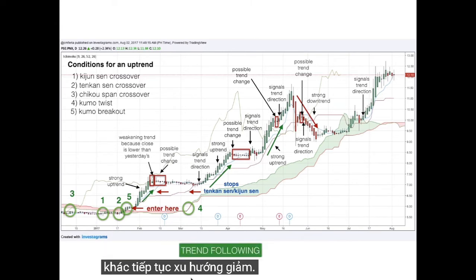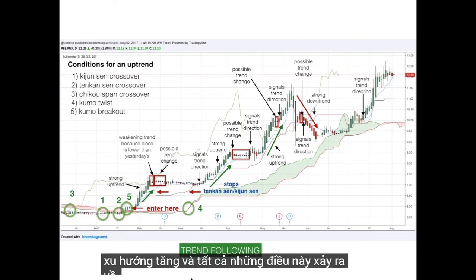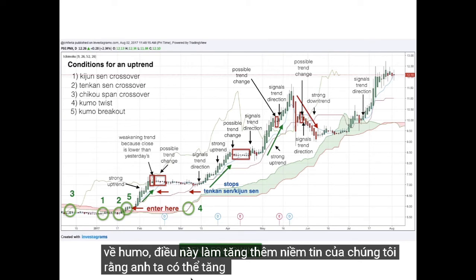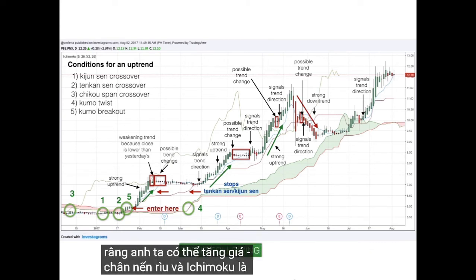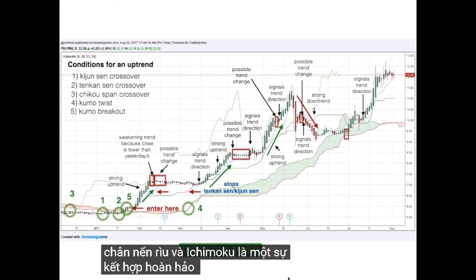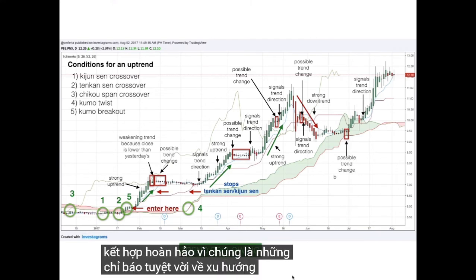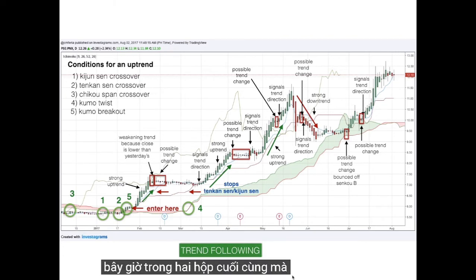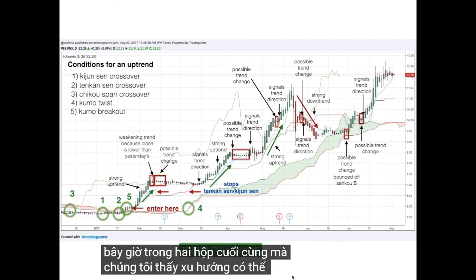Now what follows again is a series of wicks, then uptrends, and all this happened above the Kumo, which adds to our conviction that this is bullish. Heikin Ashi candlesticks and Ichimoku are a perfect combination because they are great indicators of trend. Now in the last two boxes that followed, we see a possible trend change.